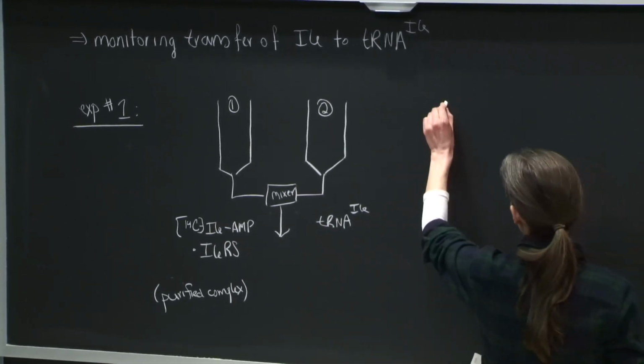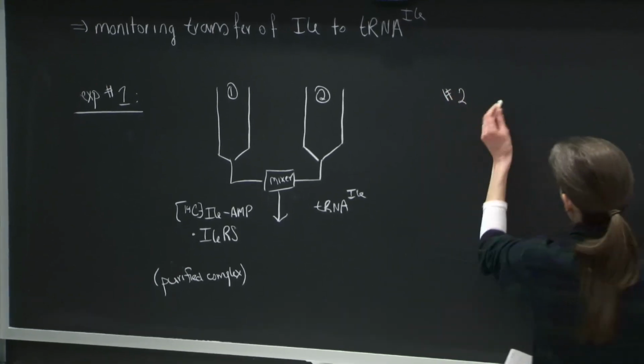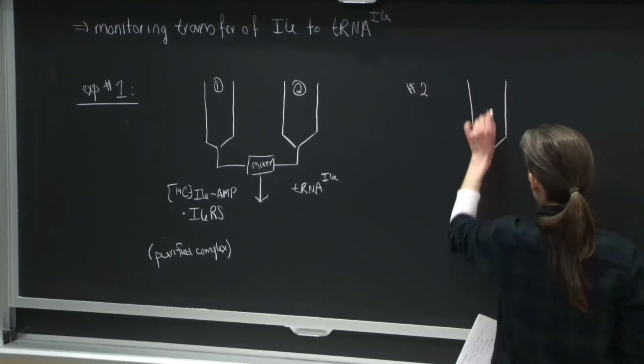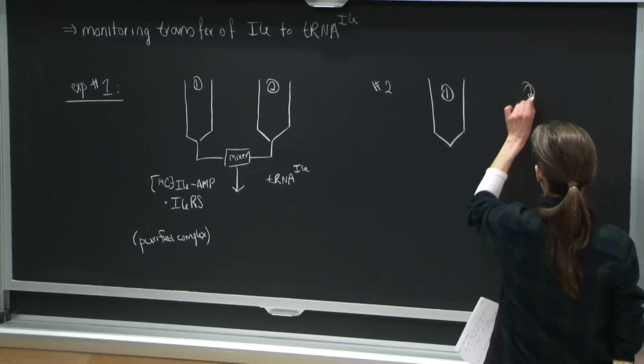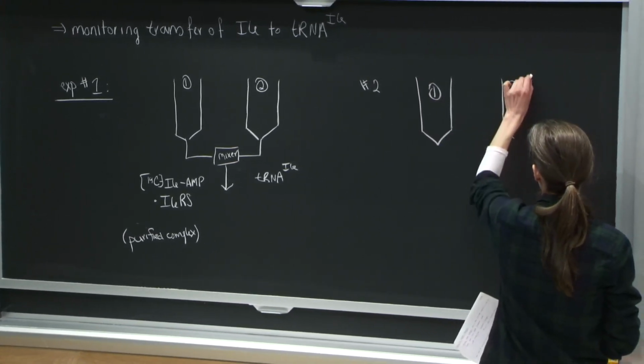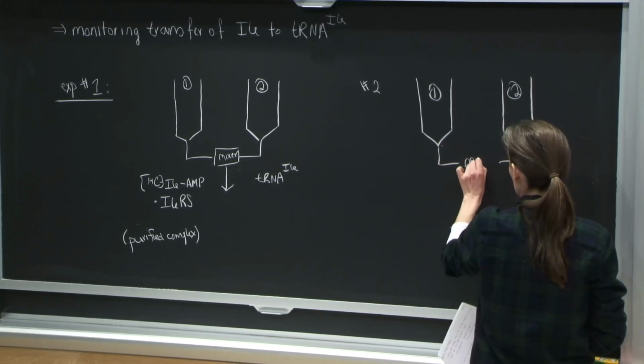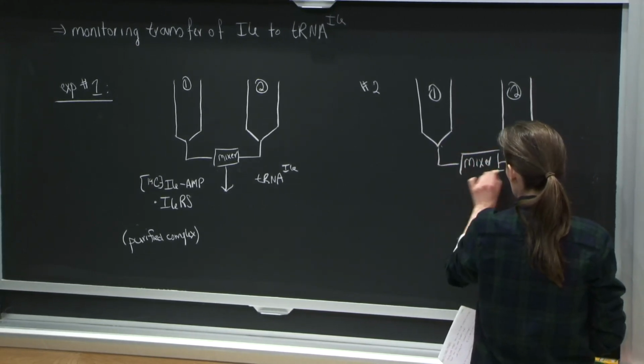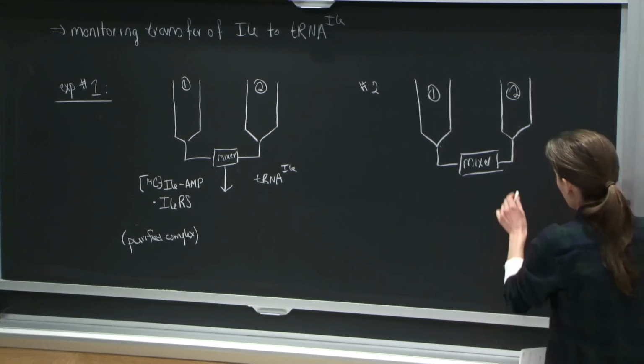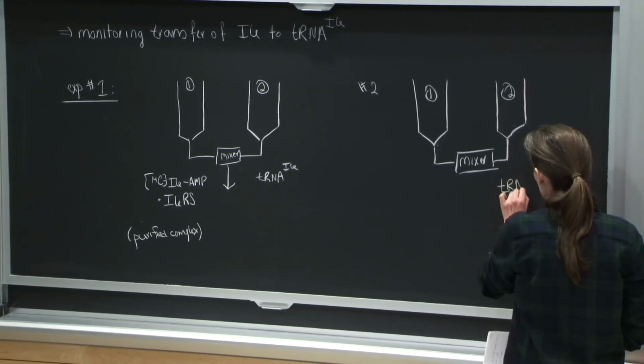Okay. In the second experiment, we have just kind of theme and variation. And if you're interested in more details, the reference is provided in the slides. So again, in syringe 2, we have the tRNA.